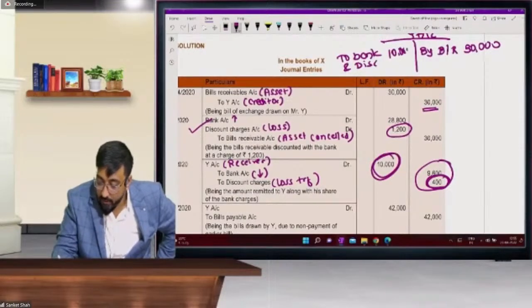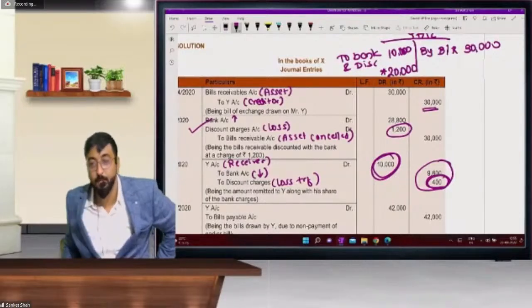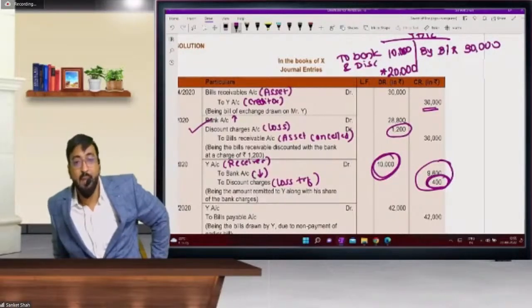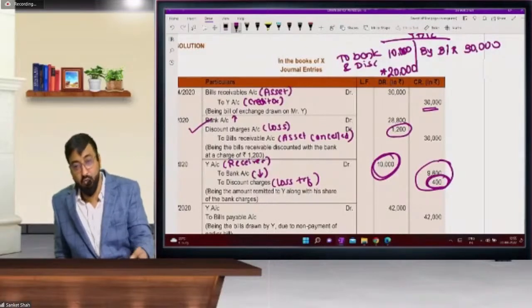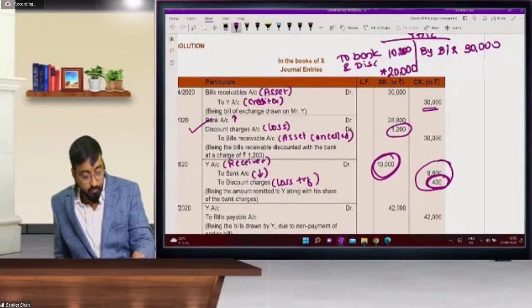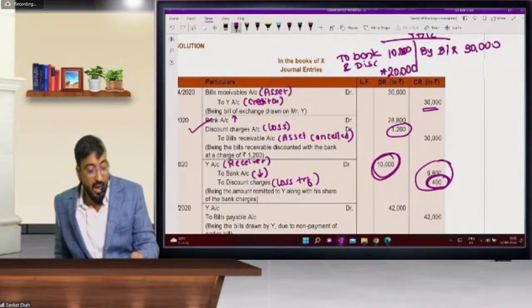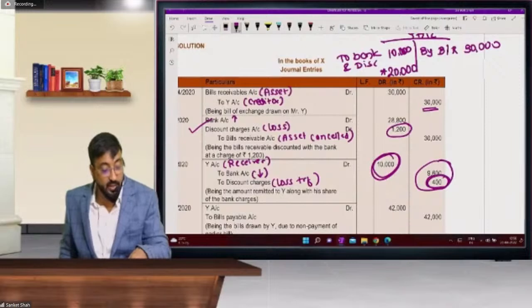So what is the balance? 20,000. What is the balance? 20,000. Y is a creditor. Okay. Sir, Y is a creditor 20,000.